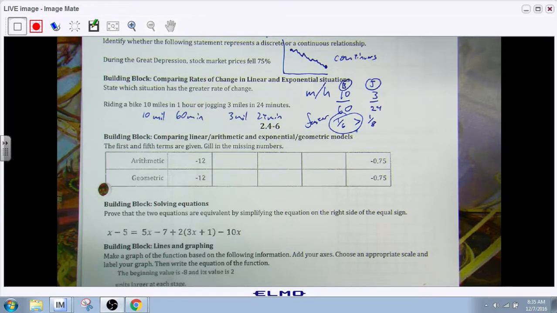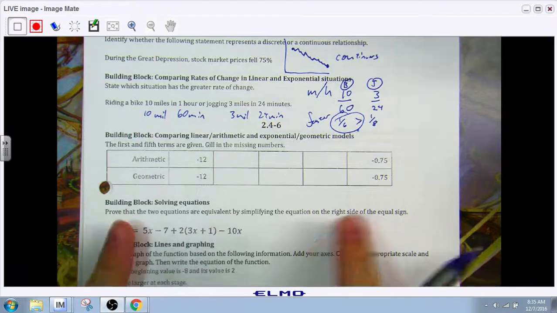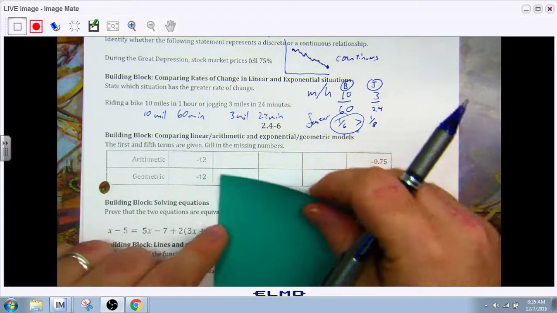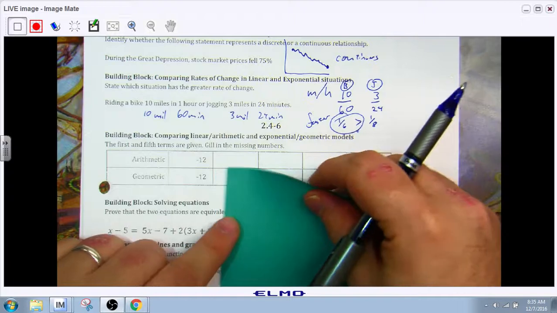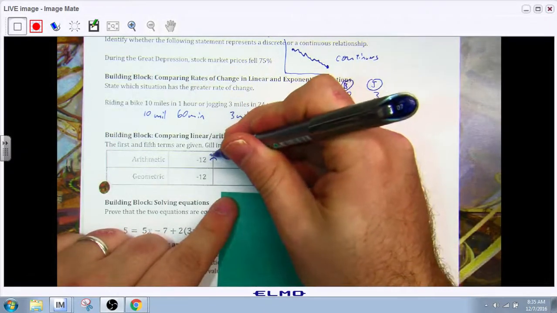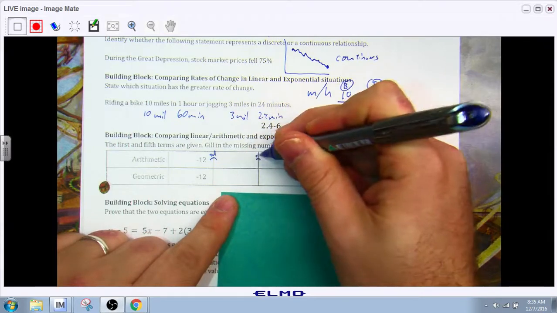Next, building blocks. Comparing linear and arithmetic and exponential geometric models. So it wants us to find the difference here. Again, what we're going to be doing is building a little equation. So for the arithmetic, to get from here to here, I'm adding the difference. To get from here to here, I'm adding a difference.